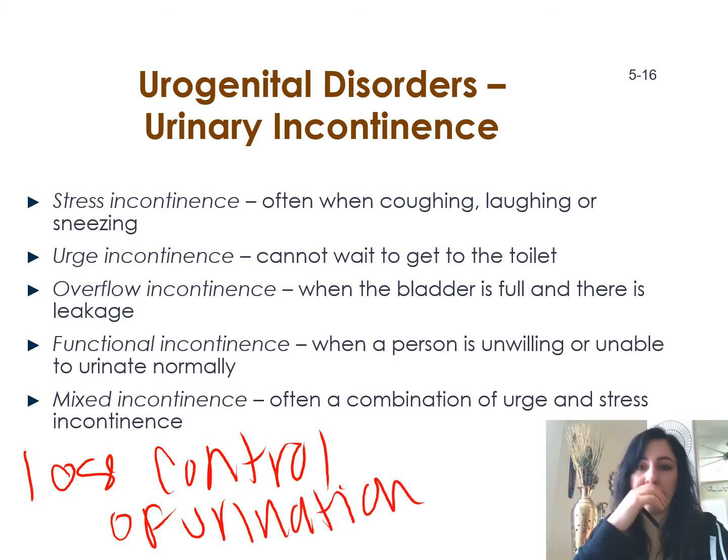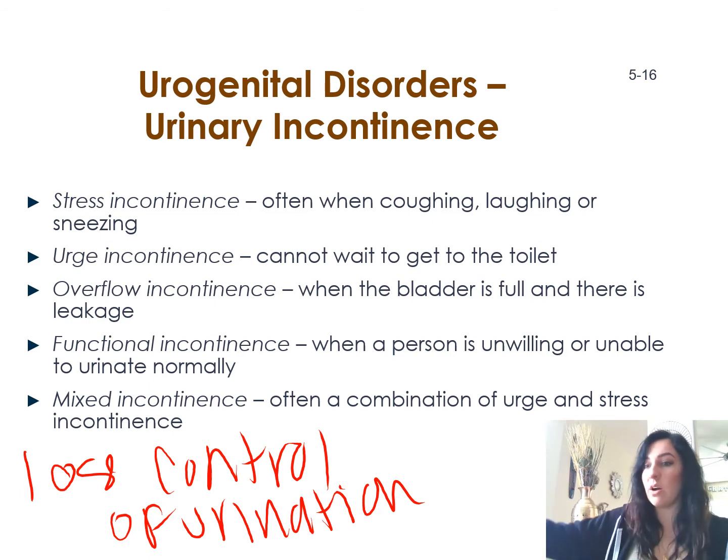Okay, and this can be from a variety of different things. If it's stress-induced incontinence, this will often happen when you're coughing, laughing, or sneezing, and some pee accidentally comes out, right? Then you have urge incontinence, where you can't wait to get to the toilet.